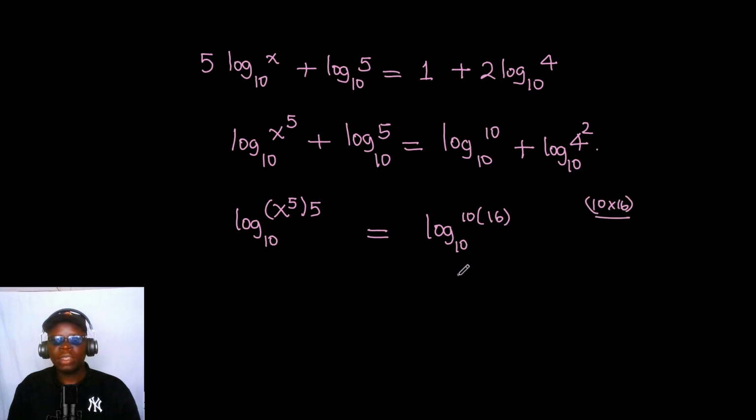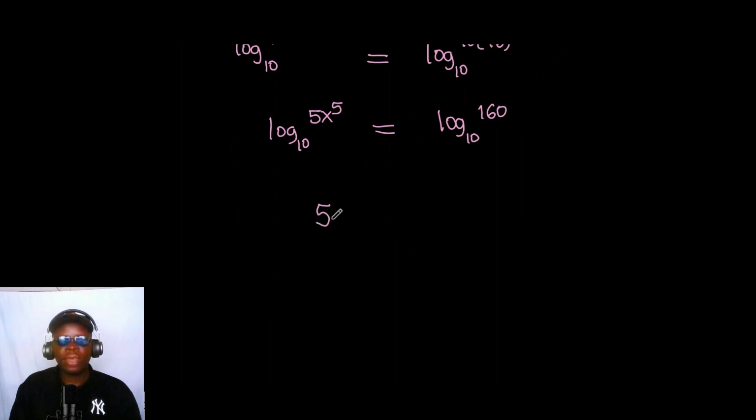Therefore, when you multiply this, we get 160. Now on this side, let us simplify it down, and we have log to the base of 10 of 5x exponent 5, and this is equal to log to the base of 10 of 160. We have only here 5x exponent 5, and this is equal to 160. Therefore, at this stage, we just need to remove this 5 by dividing both sides by 5.